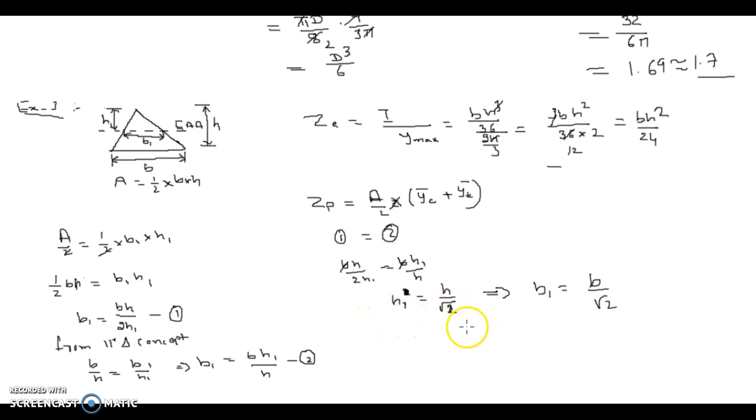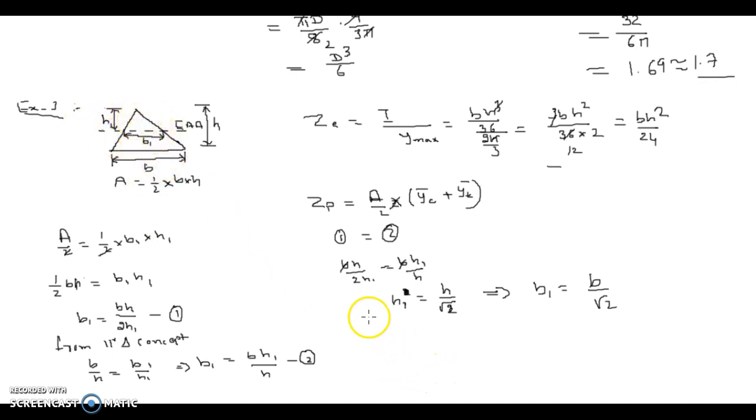Now let's calculate. Okay, I have the triangle here. This triangle is going to be base B1 and H1.